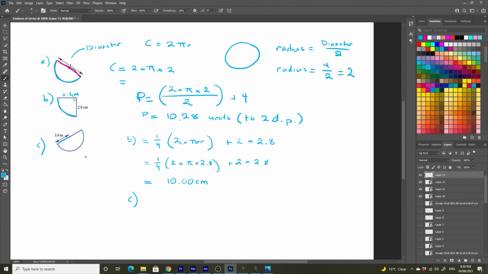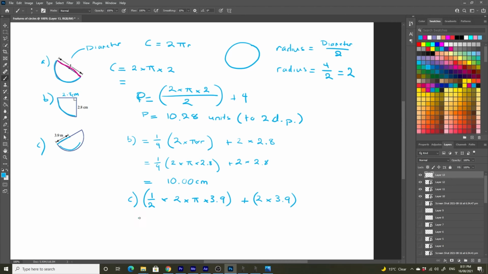So the circumference of this semicircle is going to be half of the entire circle, so half times 2 times pi times our radius, which is 3.9. But then we need to add on our diameter, which is 2 times 3.9.